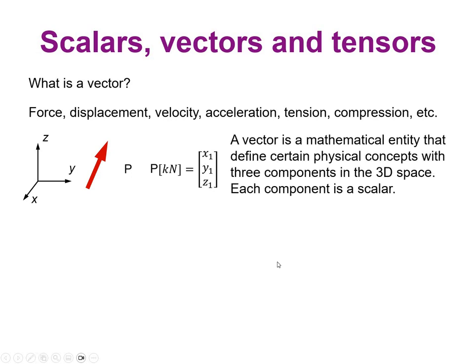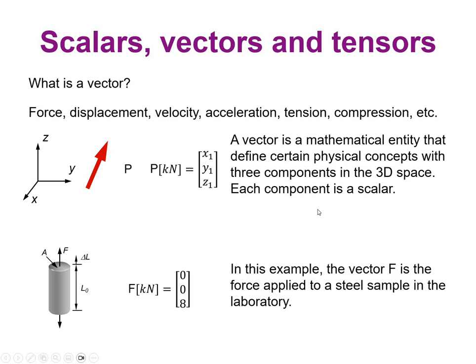And so a vector is a mathematical entity that defines certain physical concepts or properties with three components in the three-dimensional space. And each component can be a scalar. For example, if we are talking about a concrete value for a vector. A vector can be, for example, the force applied to a sample in the lab.